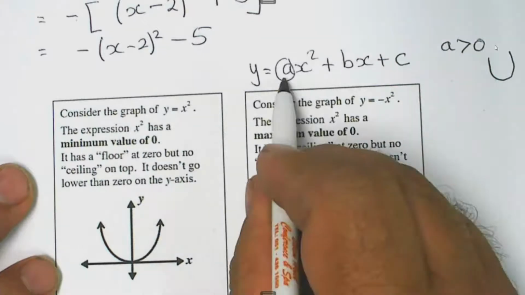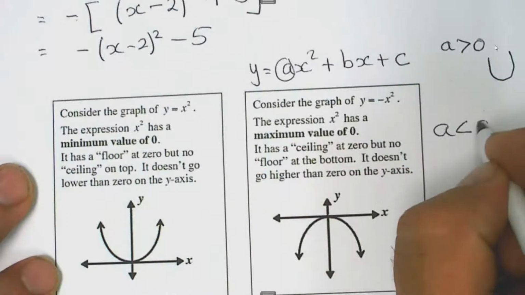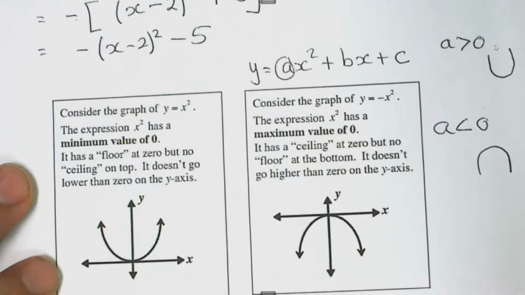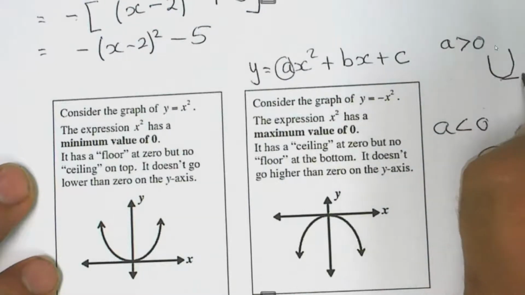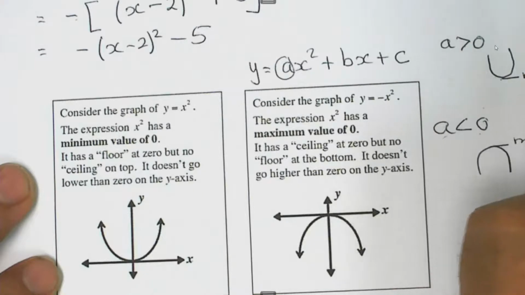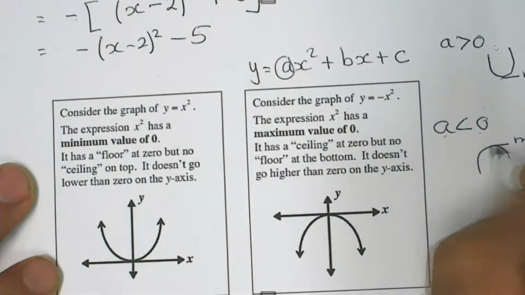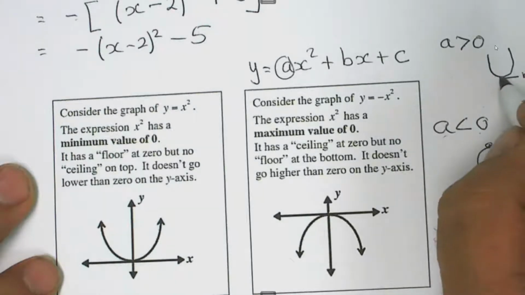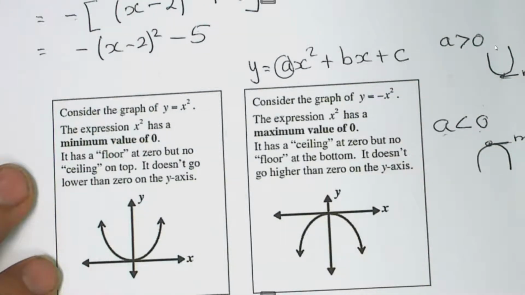If this a value is negative, it's down. So if it's positive, it will have a minimum. If the a value is negative, it has a maximum. And the maximum value will be the y coordinate of the turning point.